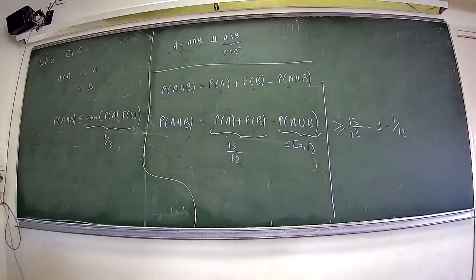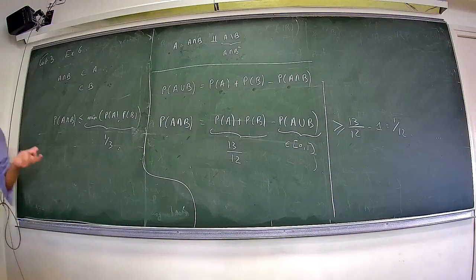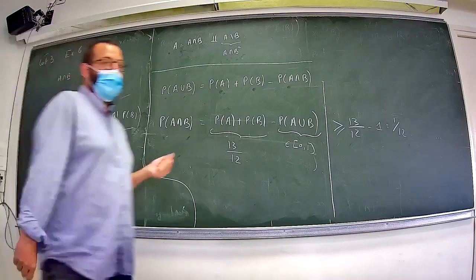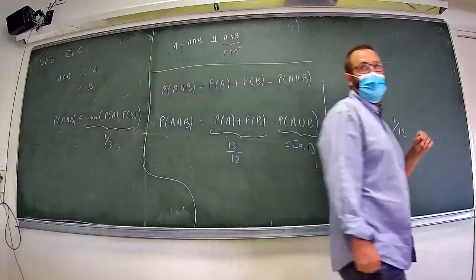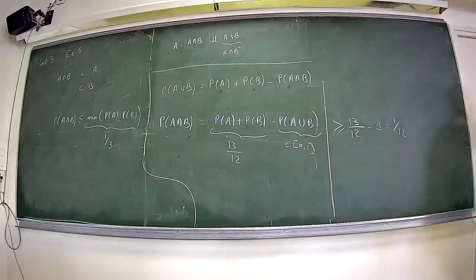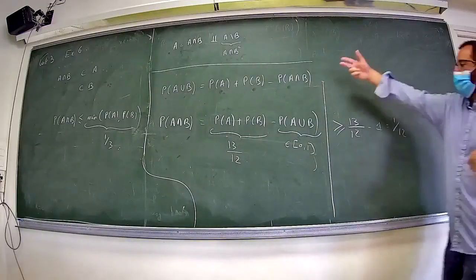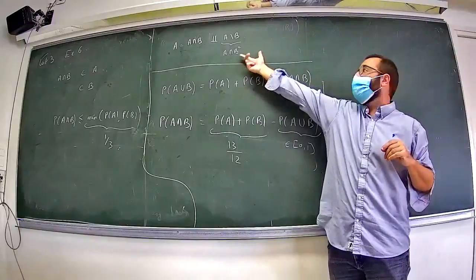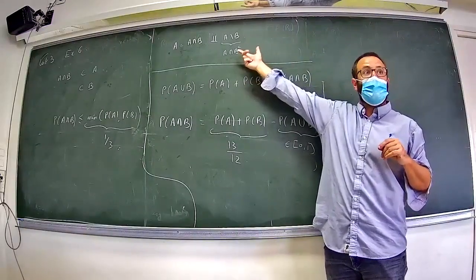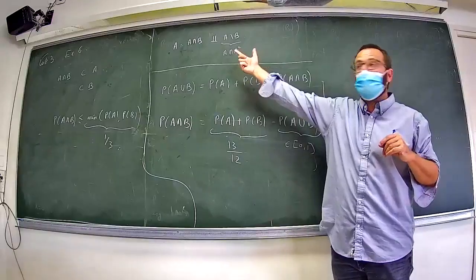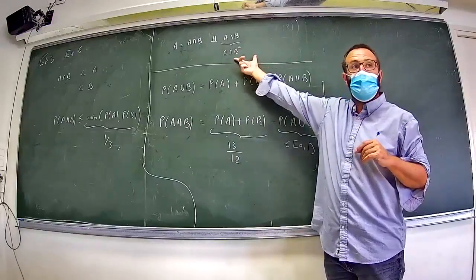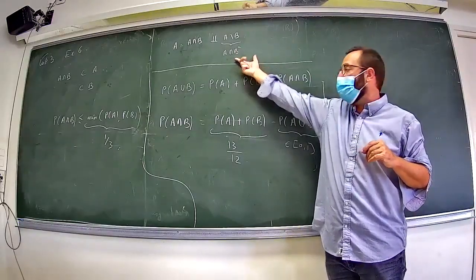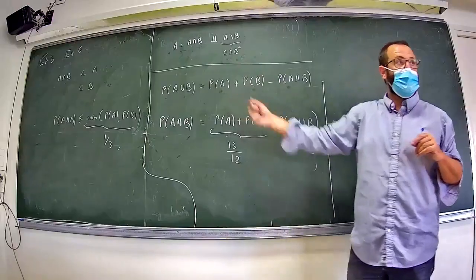It's possible to do a picture if it may help you, but you have to take a general picture, that is a case where A intersected with B is a priori not empty. And this picture won't help you in this particular situation. So I have given you this way to do it, but you can do it using the idea of your friend here, and it gives rise exactly to the same thing. And it's natural because this relation is the relation I have used in the course in order to prove this one.